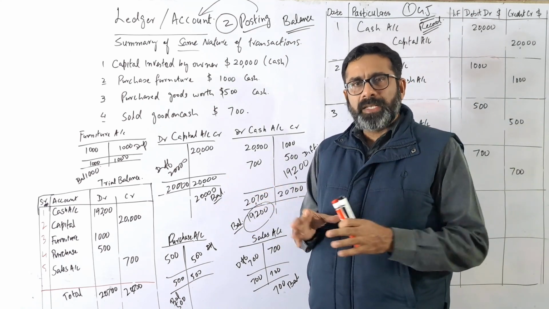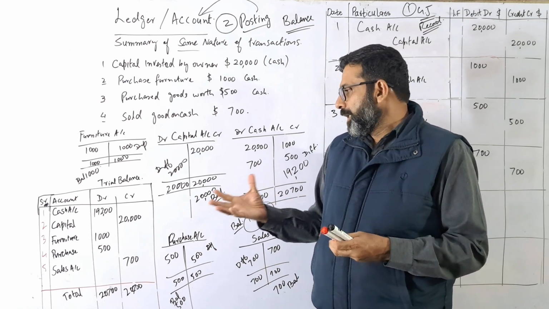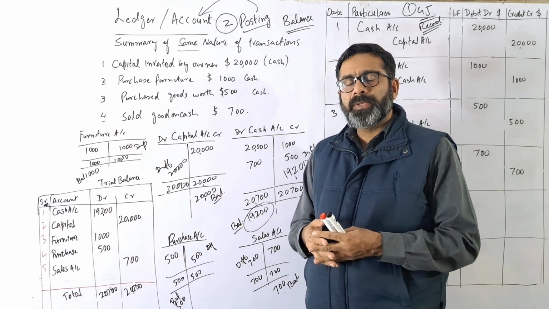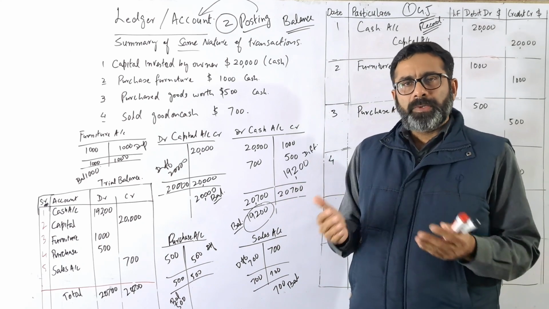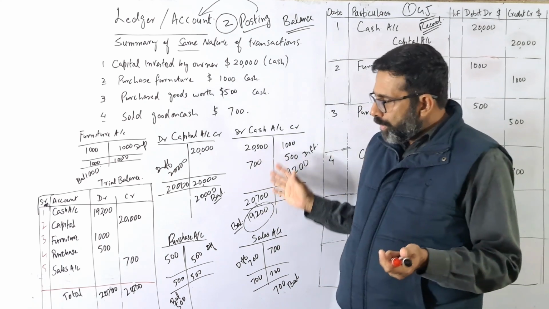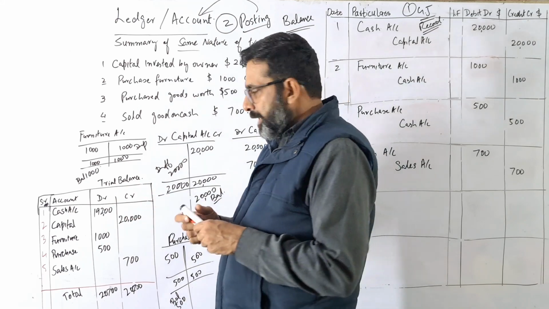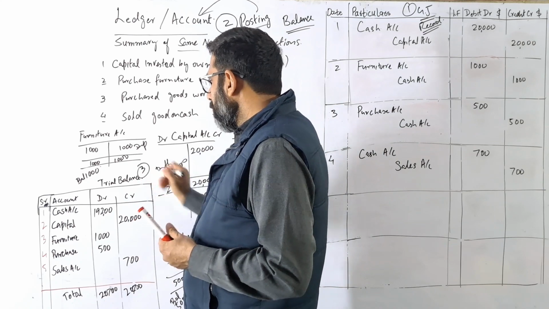There are 2 main statements. Obviously there are other statements, but with the basic 2 statements we want to know how much is the profit or loss of the company, how much they have in assets, liabilities or capital, and how much they have to receive or pay. All this information we will get from the trial balance.